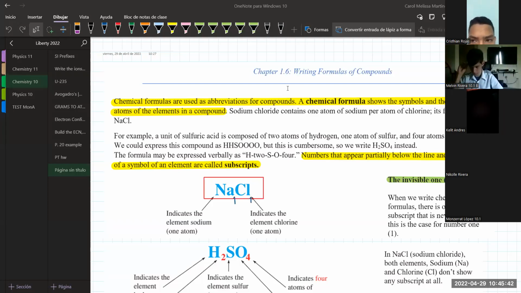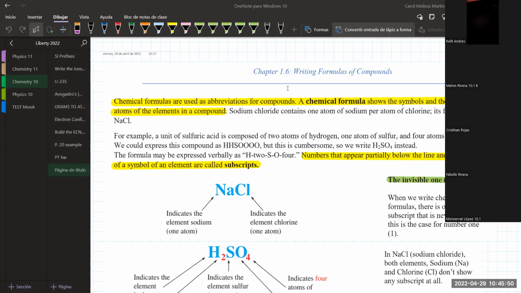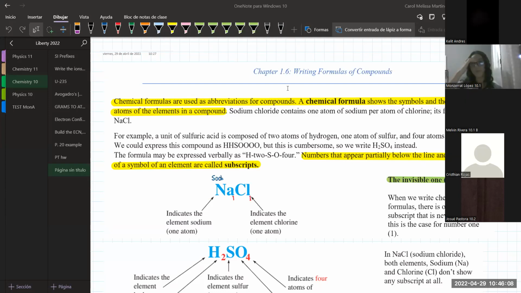But because it is invisible, that means that we're not going to be able to catch it. We're not going to be able to notice it. So whenever you don't see a subscript, know that it is the invisible one. In other words, this compound NaCl, Na, that is sodium, and Cl, that is chlorine, okay?